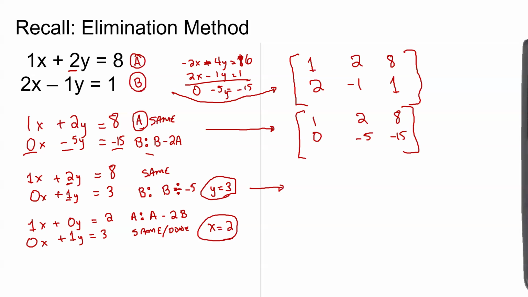I want to take the third process that we did, write that as a matrix. I would have 1, 2, 8, and 0, 1, 3. This is where we divided the second line by negative 5 to get that down to a 1.